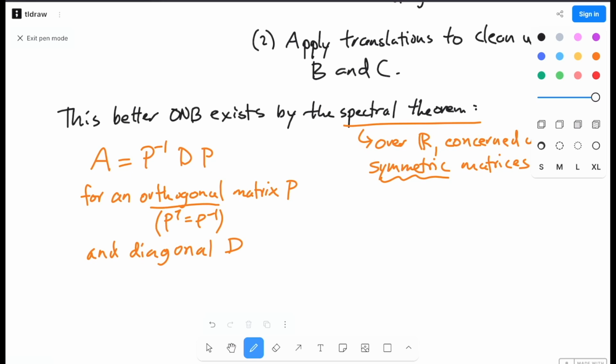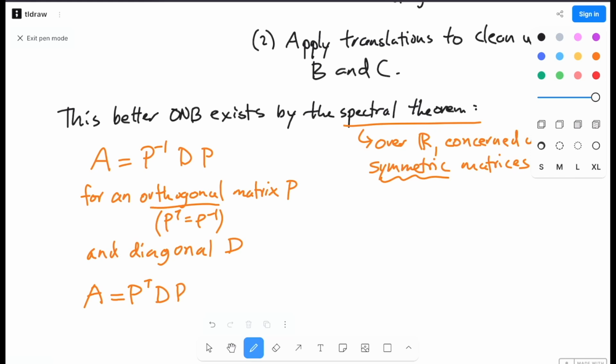Now, the fact that P transpose is equal to P inverse means that we can write A is equal to, just replace out that P inverse for a P transpose.